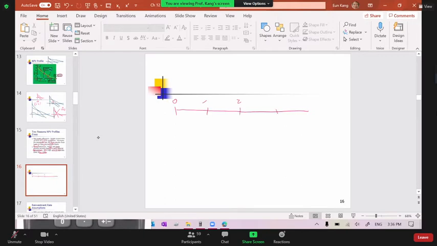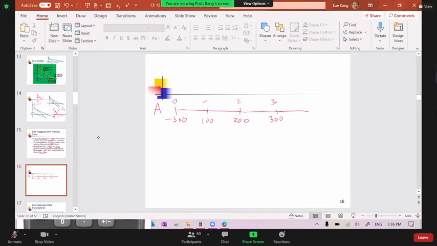But everything actually depends on the rate of return. So let me show you an example. Let's say project A: 300 investment, and 100, 200, and 300.